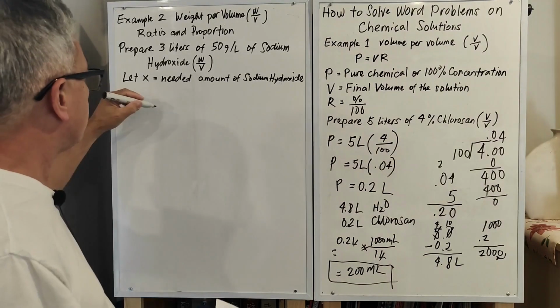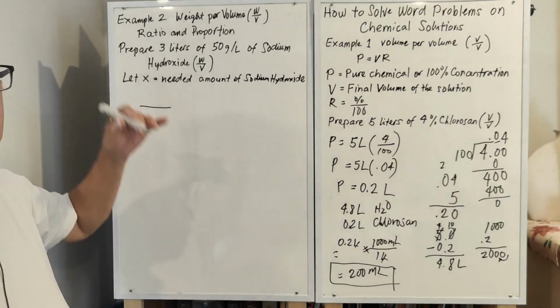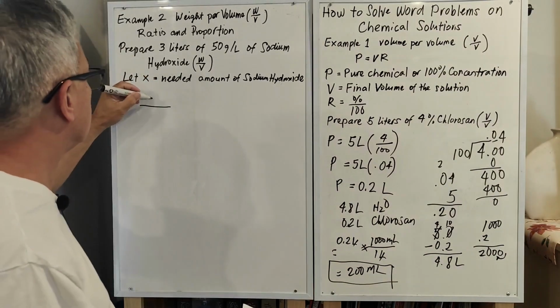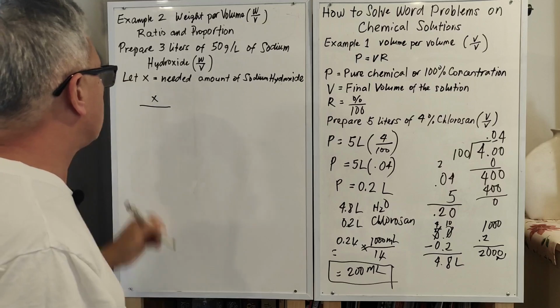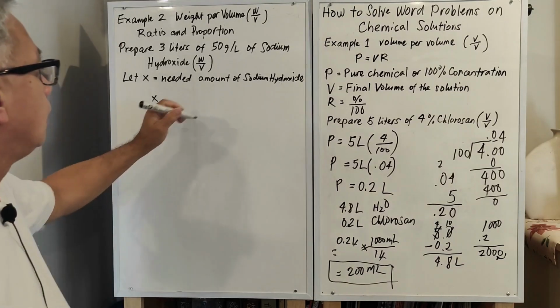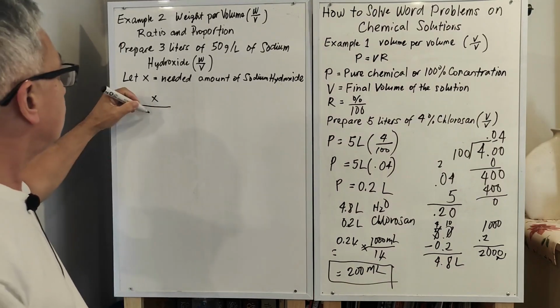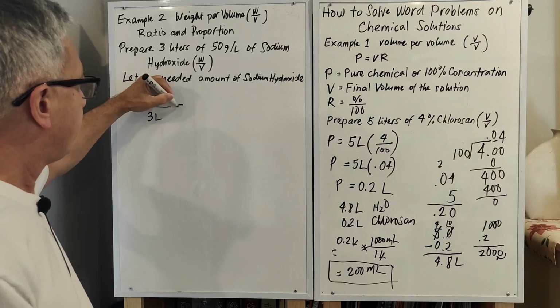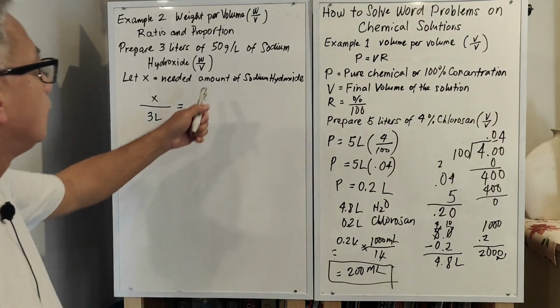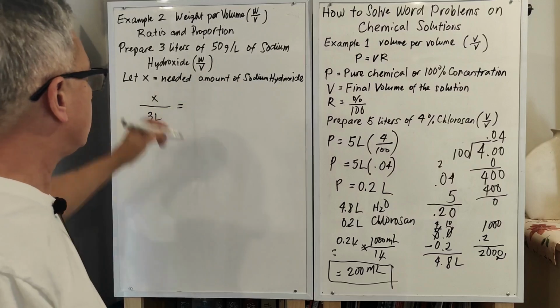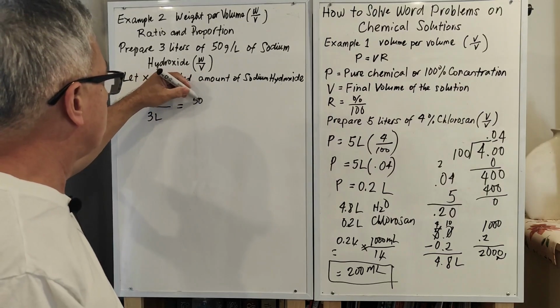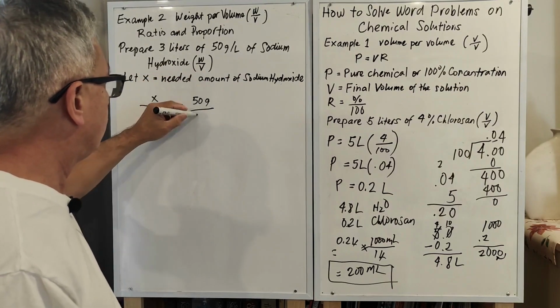So in ratio and proportion, we always put X on the upper left. So X is the amount of sodium hydroxide we need. We need to make it into 3 liters. Now the concentration is 50 grams per liter, so we put here 50 grams per 1 liter.